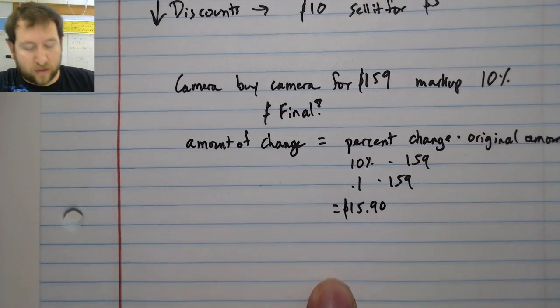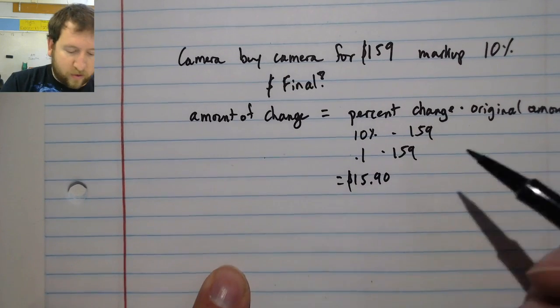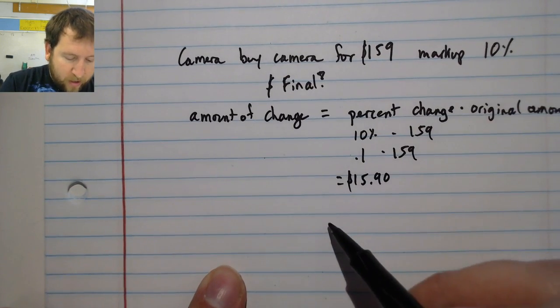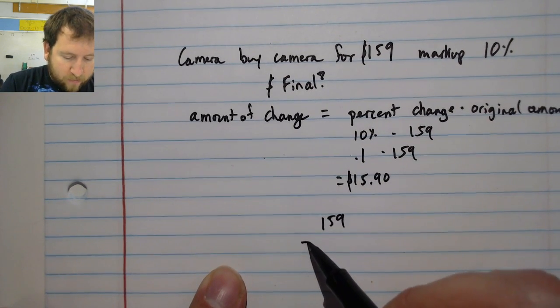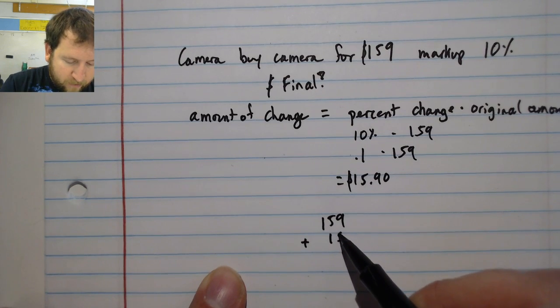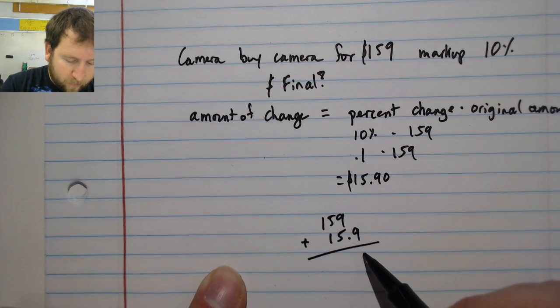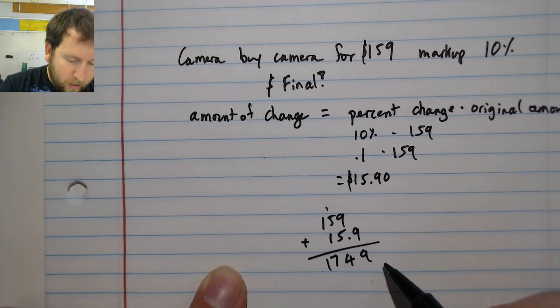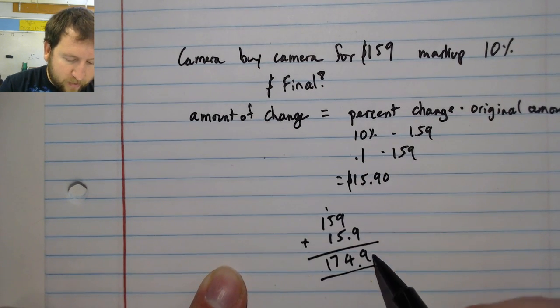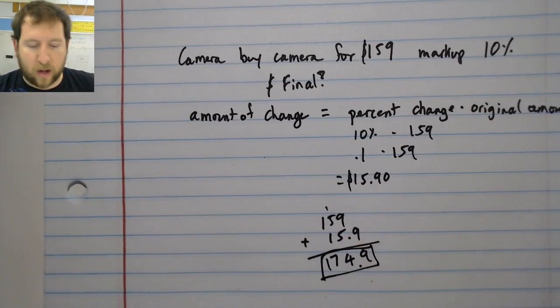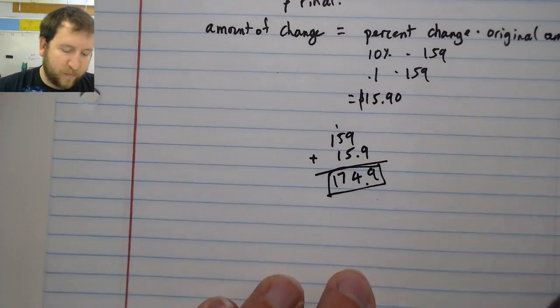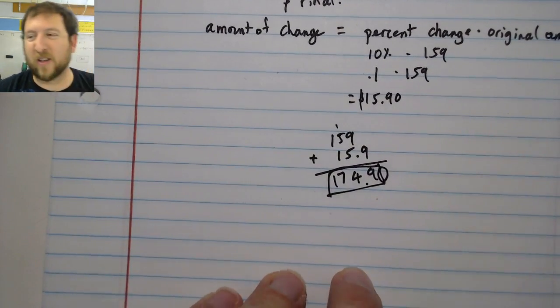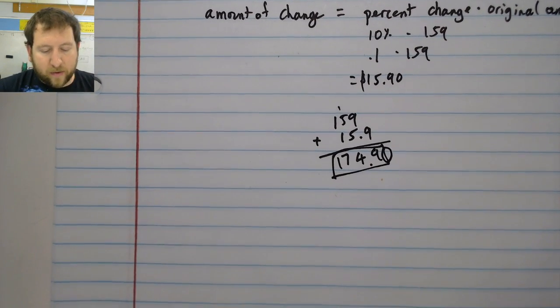That means I'm increasing the price, so I'm going to have to add this back to my original. So I have 159 plus 15.9, which is going to give me a total price of $174.90. Because if I'm doing money, I can usually add on that tenths, even if it's a zero.